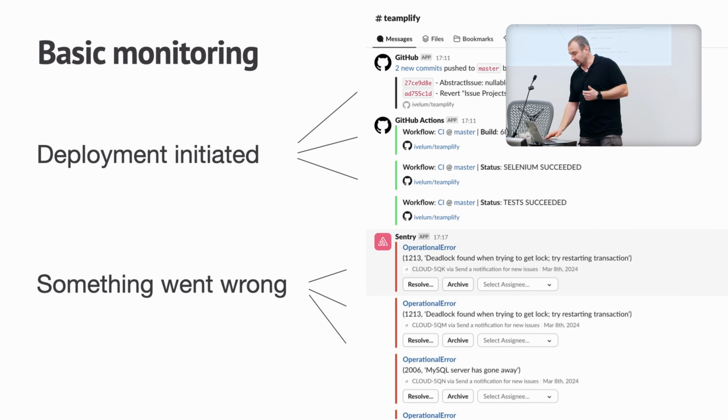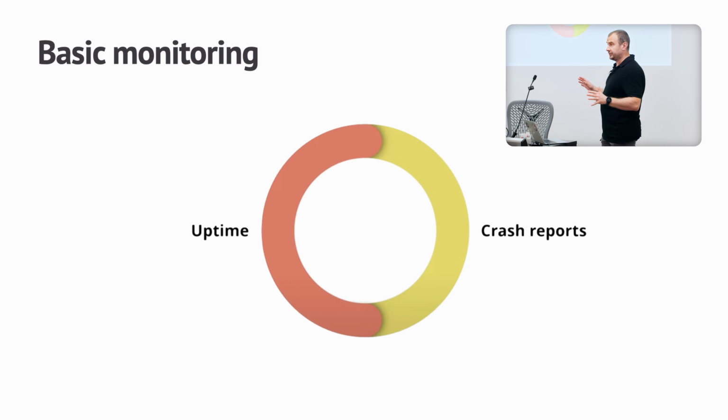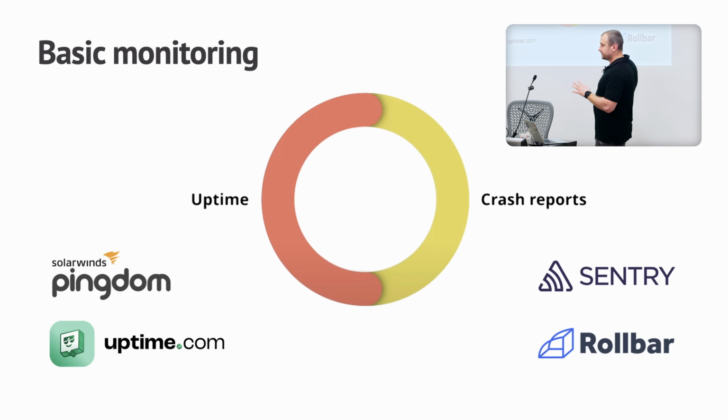A lot of things can be monitored in real production environments. But for this particular task, we will need crash reports from the application and classic uptime monitoring. These two work in combination. There are plenty of tools that are doing this.